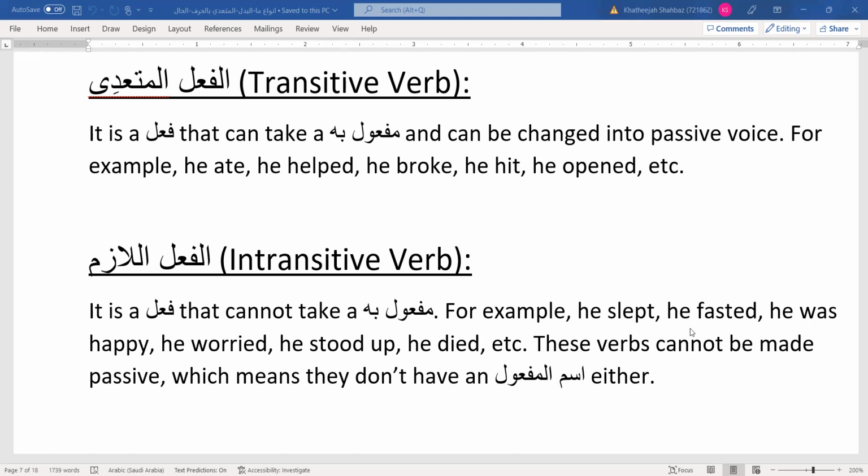So al-failul lazim are the fail which do not take maf'ul bihi, and they cannot be changed into passive, and in the sarf they don't have ismul maf'ul. For example, he slept, nama yanamu, and its ismul fa'il will be naim, but there will be no ismul maf'ul.